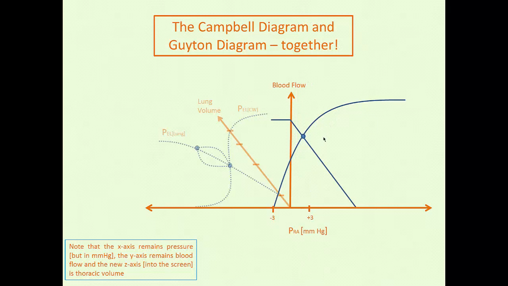So you can start to see how changes in right atrial pressure, cardiac output, begin to change in response to pulmonary disease.